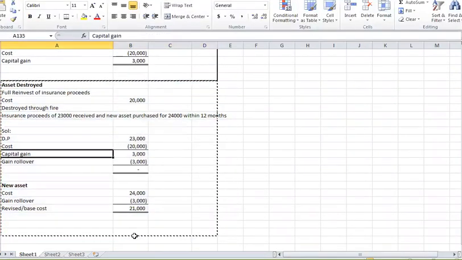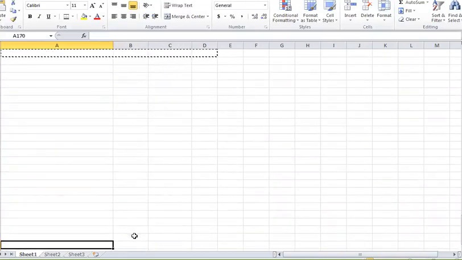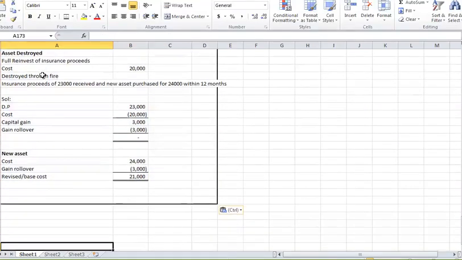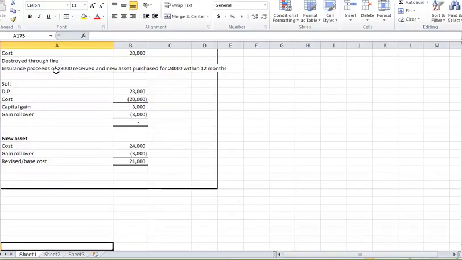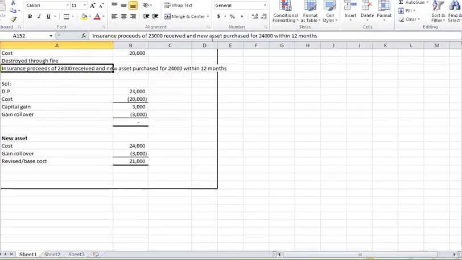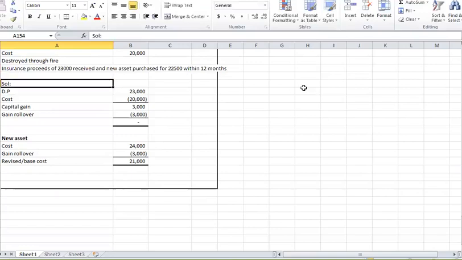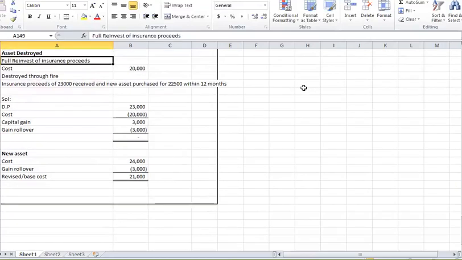For example, insurance proceeds of 23,000 pounds received, a new asset was purchased for say 22,500 pounds. So this is called partial reinvestment.